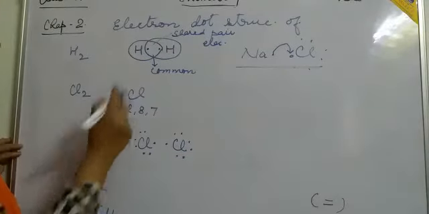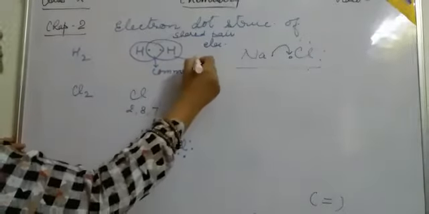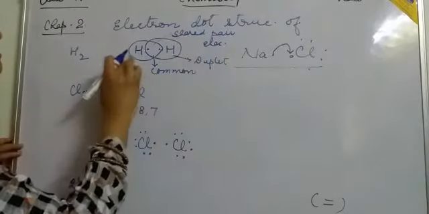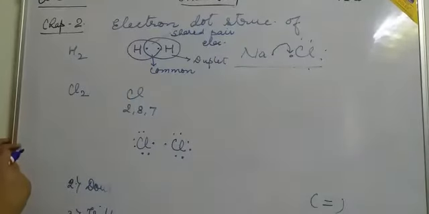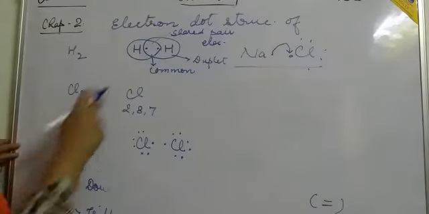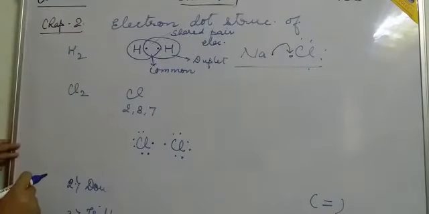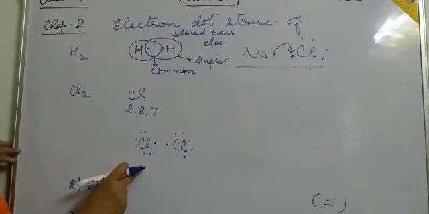Now, hydrogen completes its duplet with 2 electrons, to acquire the helium configuration. So only 2 electrons are needed for hydrogen to be satisfied. But for chlorine, 8 electrons are required.